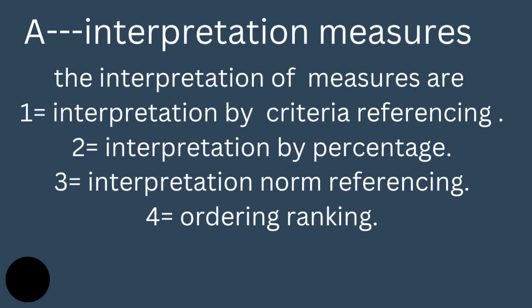The interpretation of measures is done in four ways: interpretation by criteria referencing, interpretation by percentage, interpretation by norm referencing, and ordering ranking.